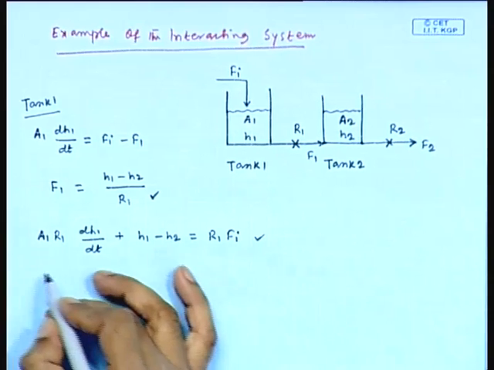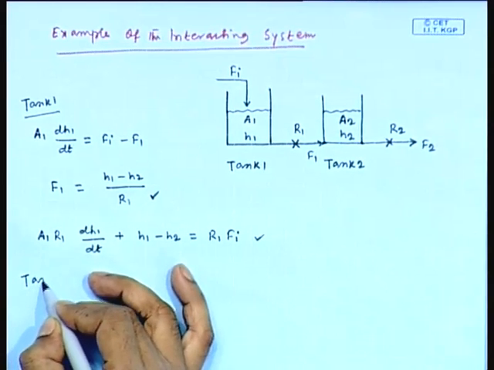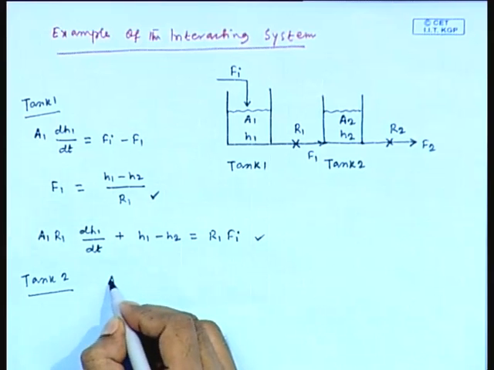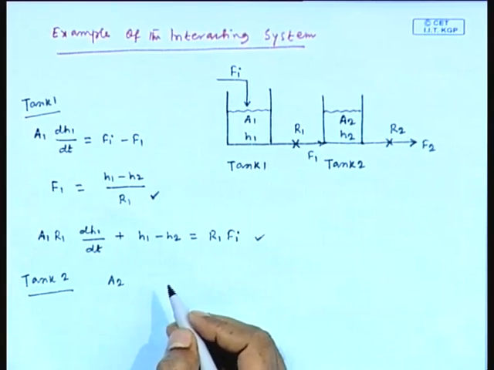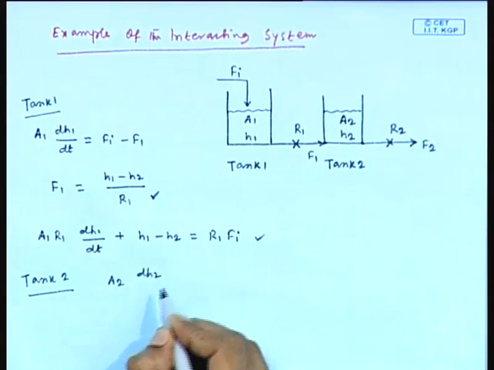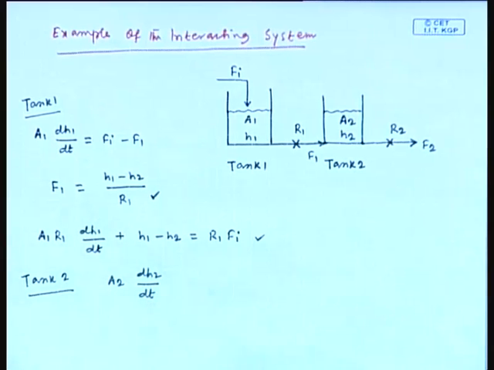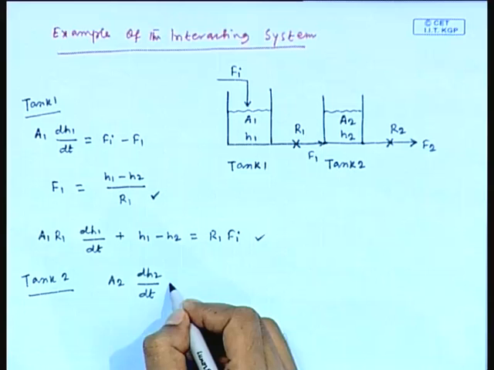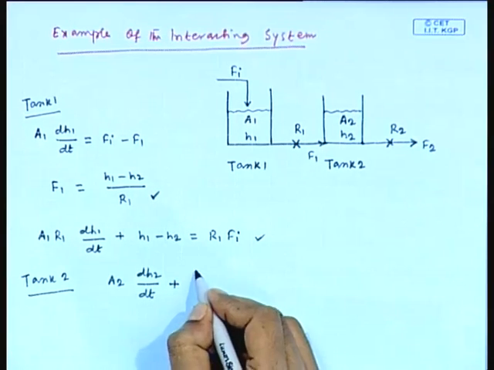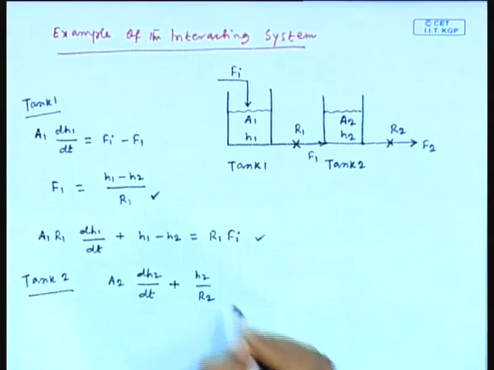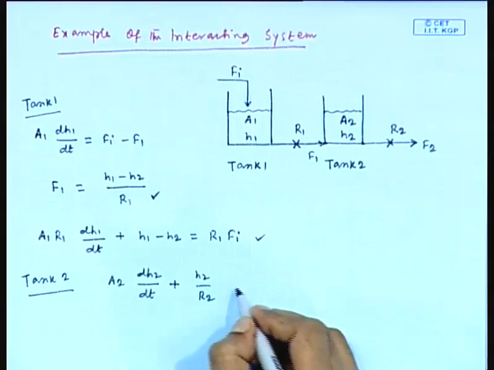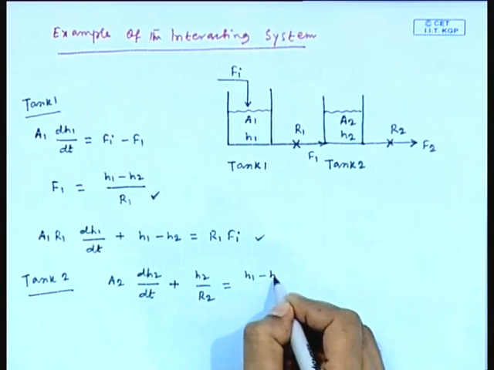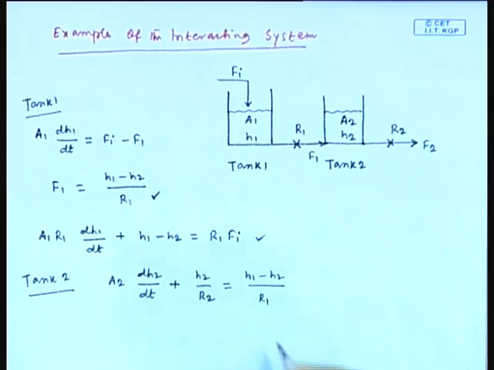Similarly, for tank 2, the modeling equation we can write in this form: A2 dH2 dt plus H2 divided by R2 equals H1 minus H2 divided by R1.